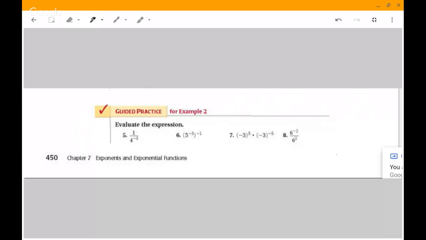If we check to make sure the bases are the same, and they are, they're both 6. So what do we do when we're dividing? Subtract. Yes, ma'am.